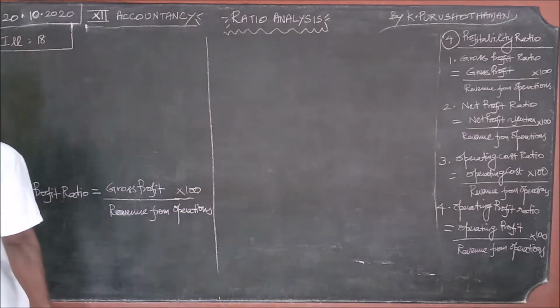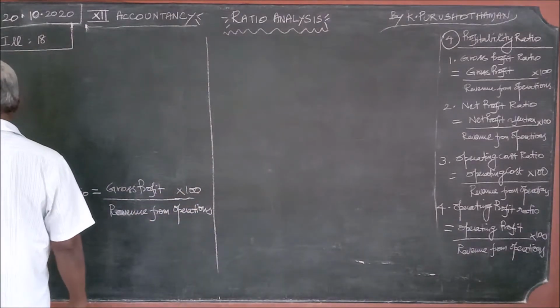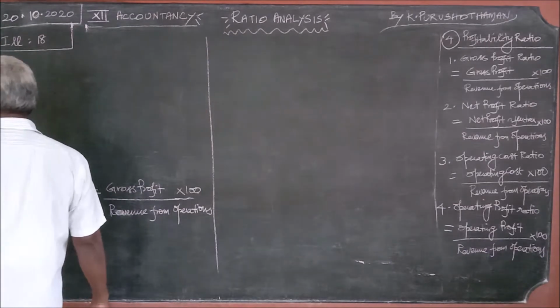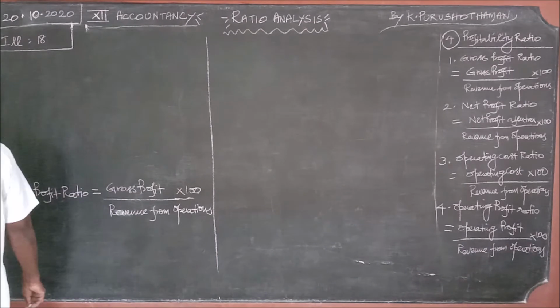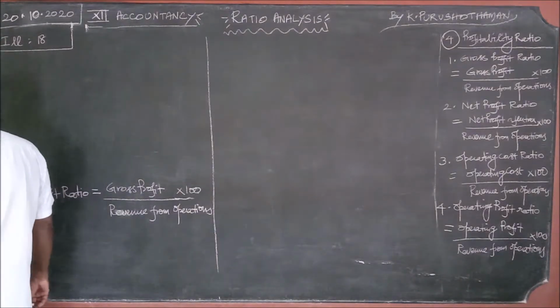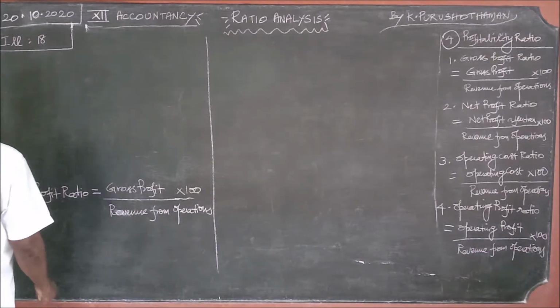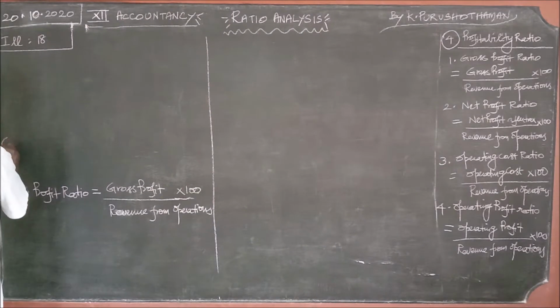This is the formula for gross profit ratio. Whether the gross profit is given in the problem, illustration 18, you have a glance, no such gross profit is given. So what we have to find? Gross profit we will have to find.